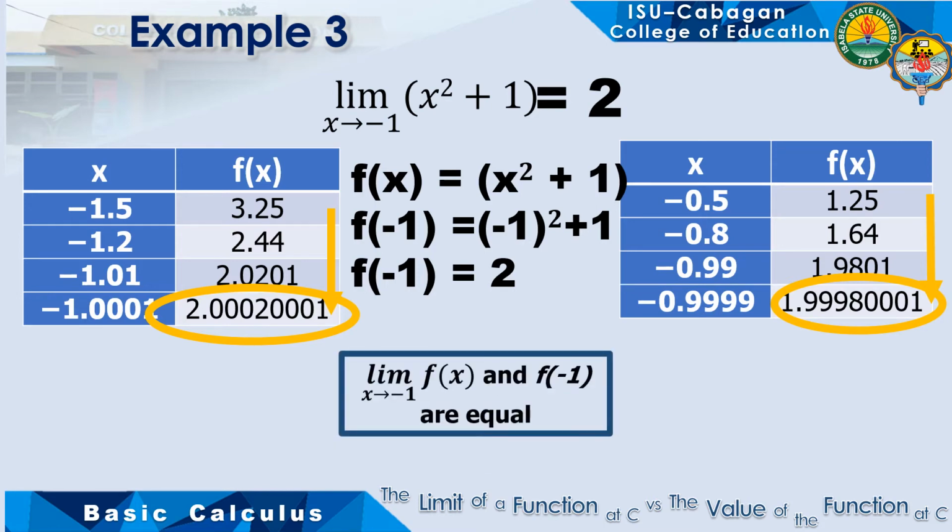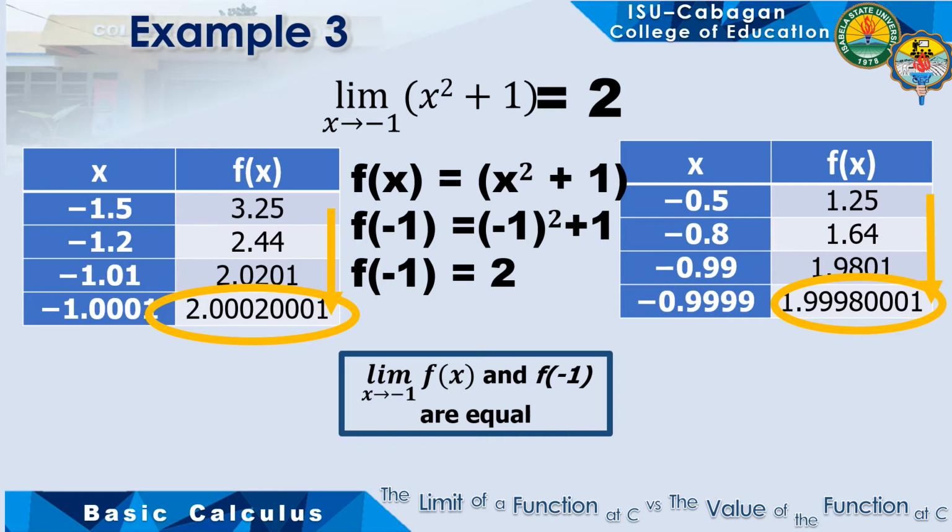Therefore, we conclude that the limit of f of x as x approaches negative 1 and f of negative 1 are equal. So from those three examples, the limit of the function f of x as x approaches c and the value of the function at x equals c are all equal.